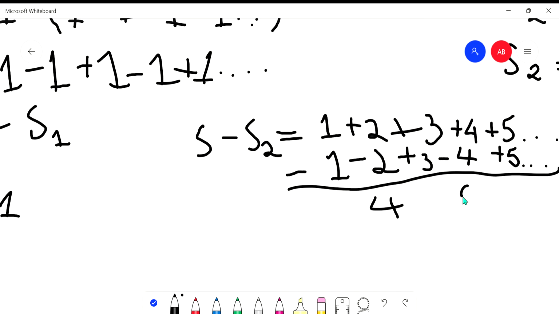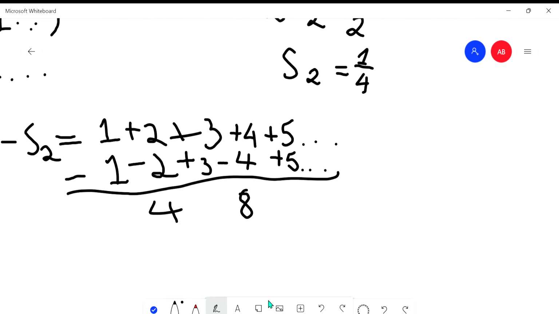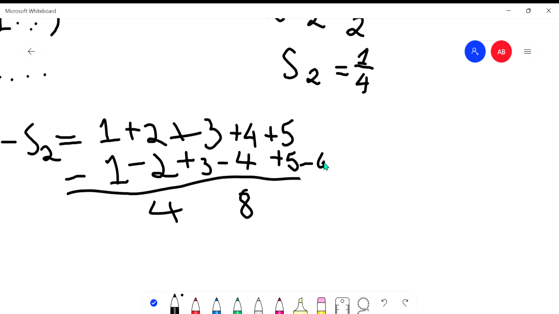This becomes an 8. Now to truly appreciate what's going on, I'm going to have to extend this a little bit, so I'm going to have to go to a little bit more numbers. Okay, that's enough for demonstrational purposes.